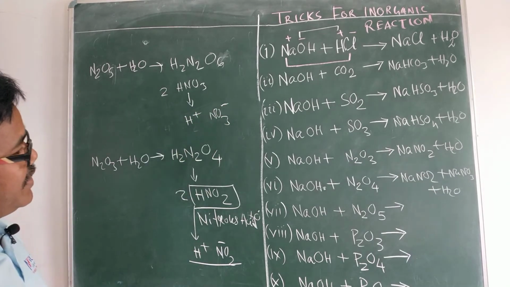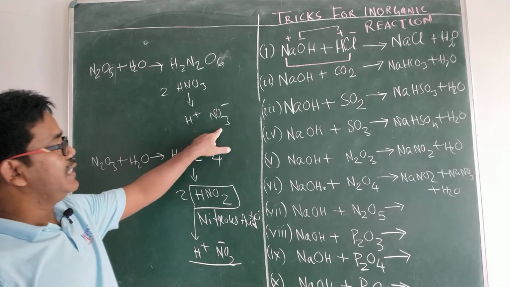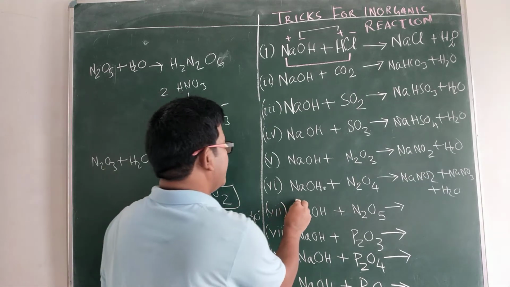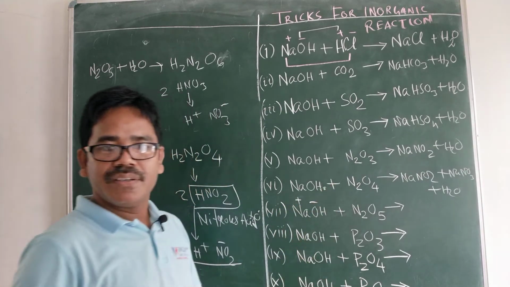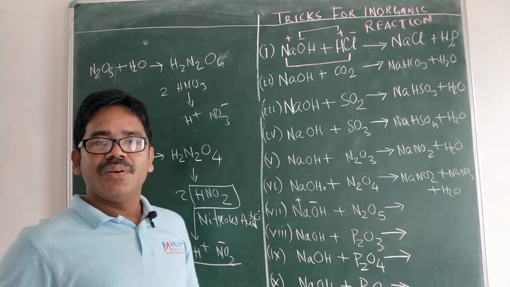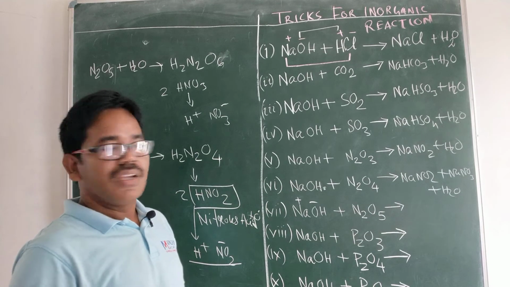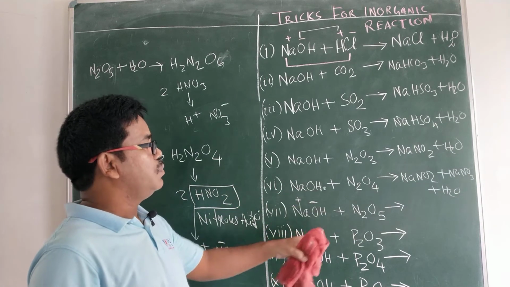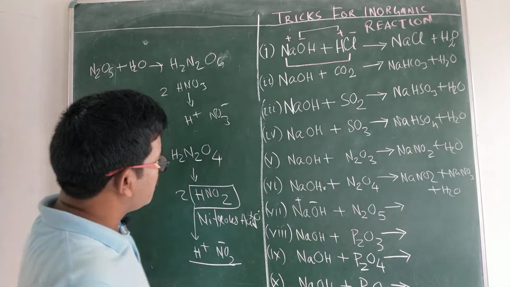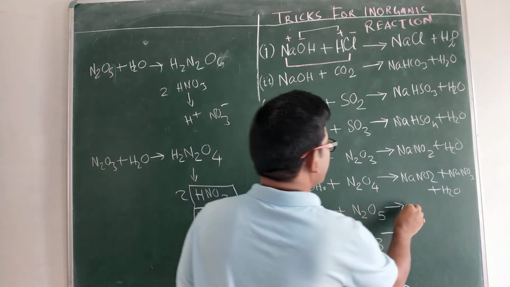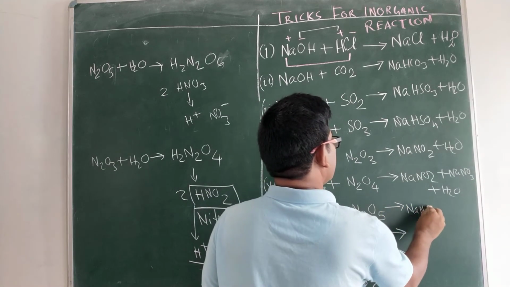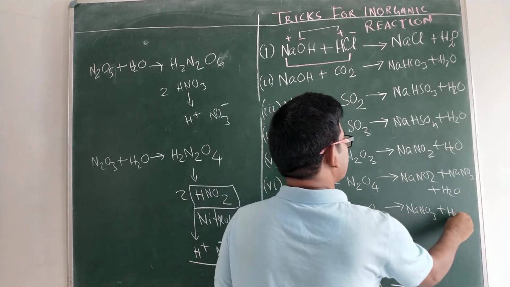Therefore, what is happening here? This is the positive part, this is the negative part. And in case of sodium hydroxide, this is the positive part, this is the negative part. Ion exchange. Positive of sodium hydroxide, negative of this HNO3. Negative of sodium hydroxide, positive of the HNO3. Therefore, what product will we get? You will be getting NaNO3 plus water.